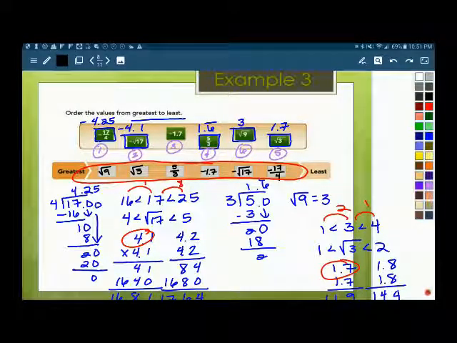So that about does it for example 3. I've also put in order from greatest to least the numbers in their original forms.